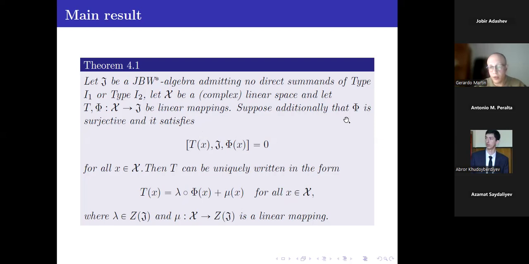If we suppose that phi is surjective and satisfies this property, that the maps T and phi operator commute with respect to the same element, then T can be uniquely written in the following form, where lambda is a central element in J, and mu is a linear mapping from the linear space to the center of J.